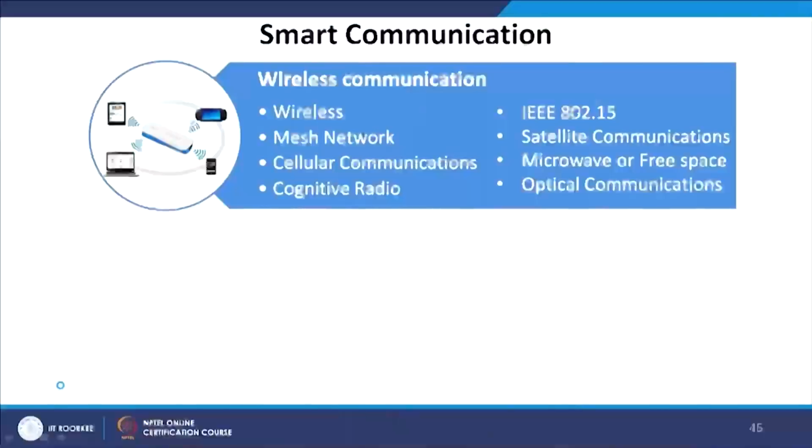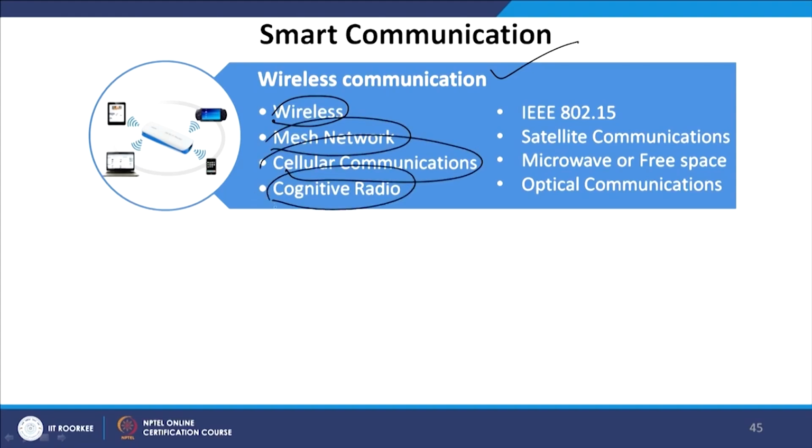In smart communication, one of the major types is wireless communication. It has wireless mesh network, cellular communications, cognitive radio, and all this wireless communication is quite important for successful operation of a smart grid.